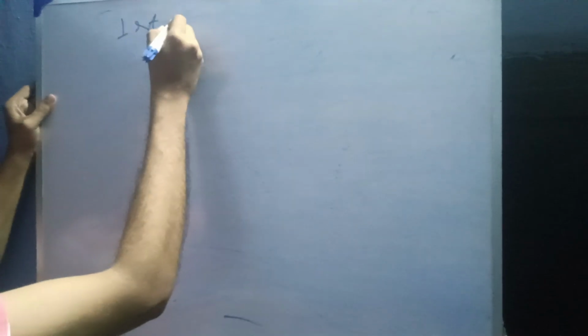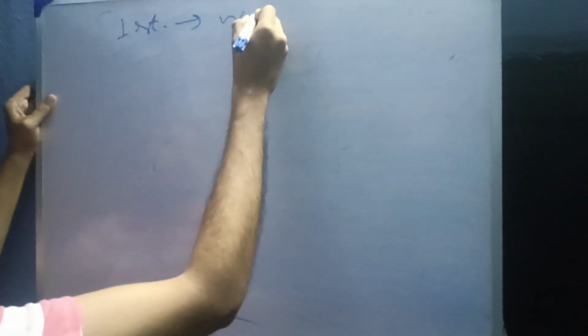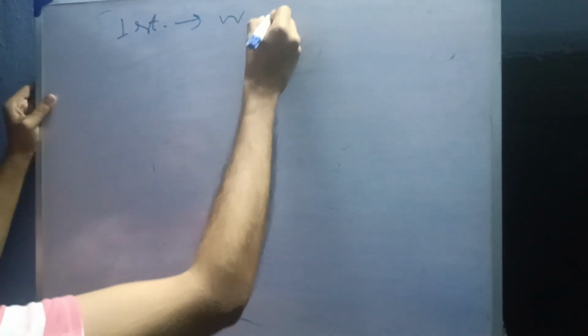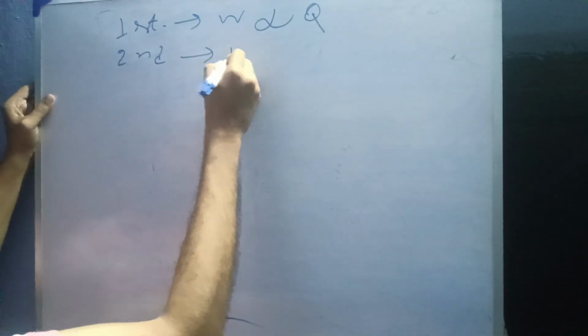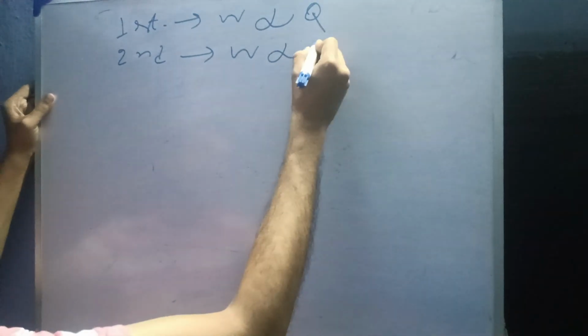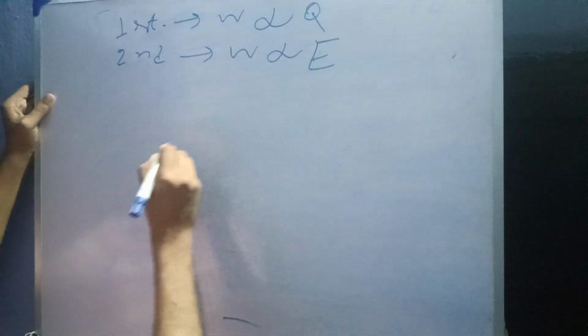In summary, from Faraday's first law, W is proportional to Q, and from the second law, W is proportional to E, that is the equivalent weight.